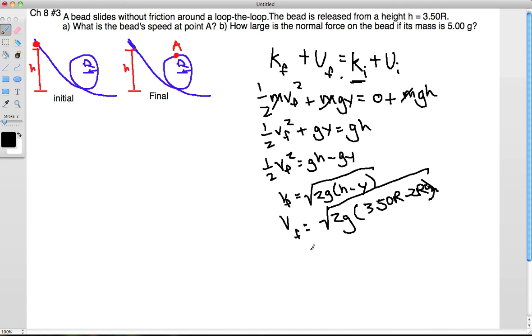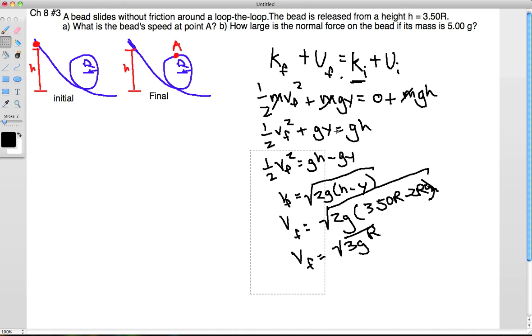And to simplify it, you would get vf equals square root of 3gr. Now that would be the final speed for the bead at point A, because everything is solved for. Now that's the answer of part A.